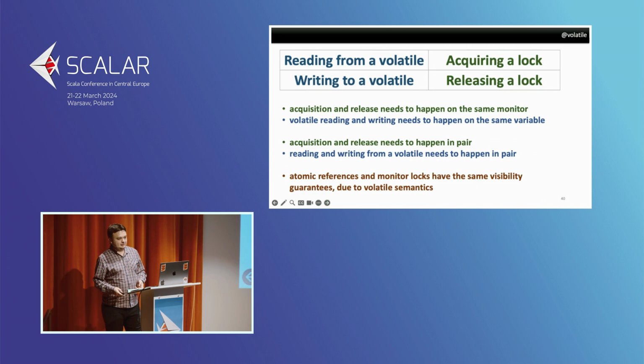Also, atomic references and monitor locks have basically the same visibility guarantees because they also have volatile semantics. If you were wondering why, inside a synchronized block or after doing operations with atomic references, you get changes visible to other threads, well, it's because they also have volatile semantics.